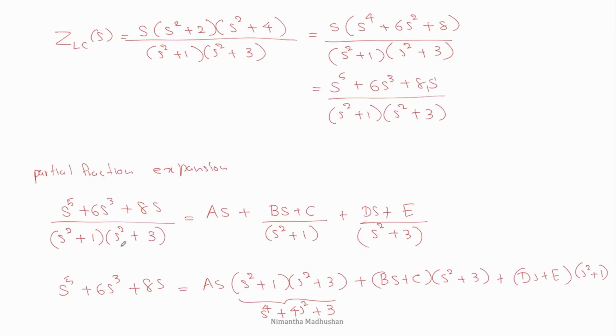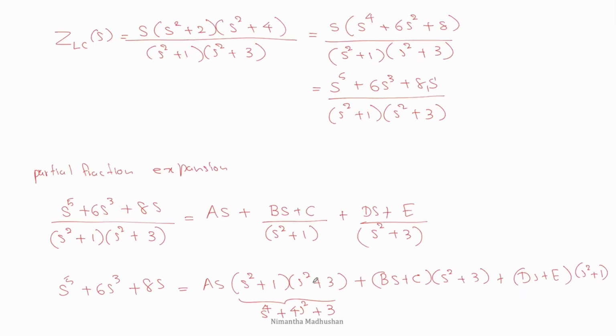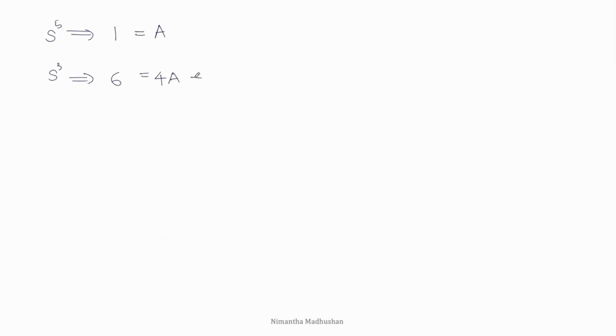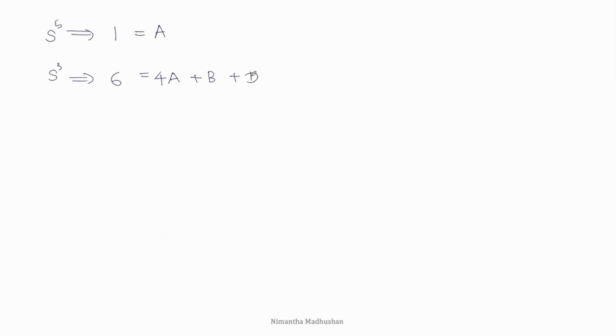From the left-hand side, the value is 6. From the right-hand side, we get s times 4 s squared, so 4 times a, plus bs times s squared, b, plus ds times s squared, d.